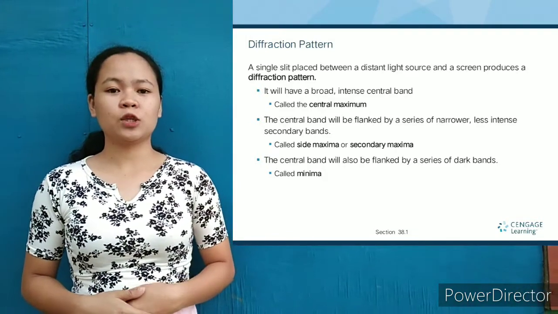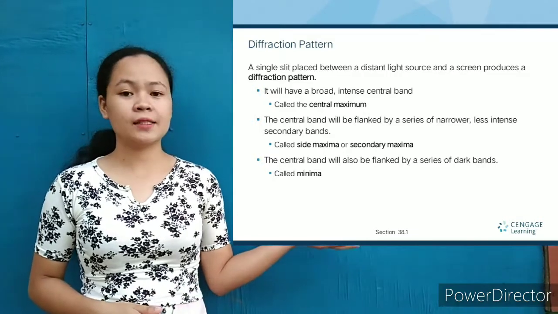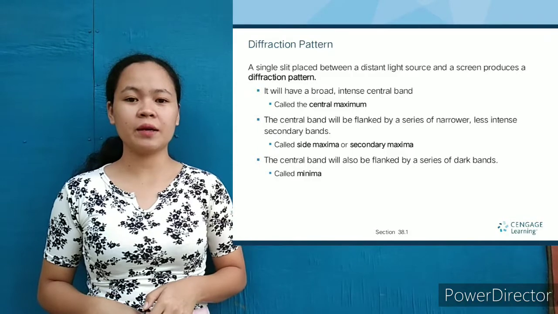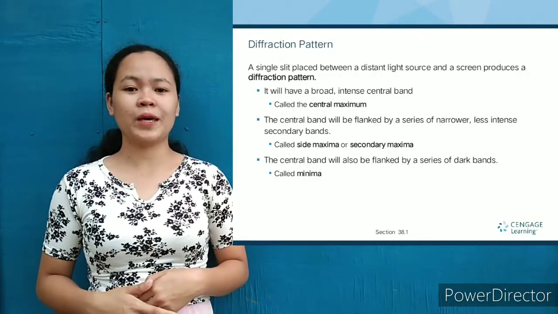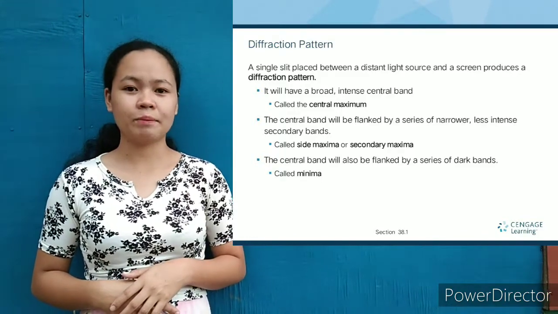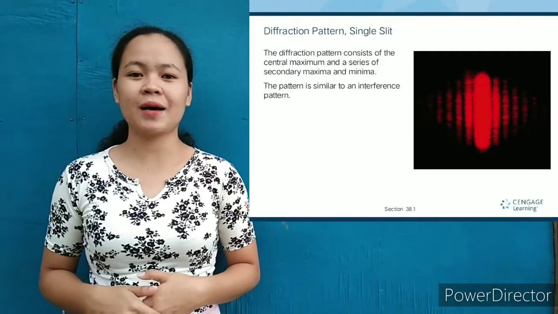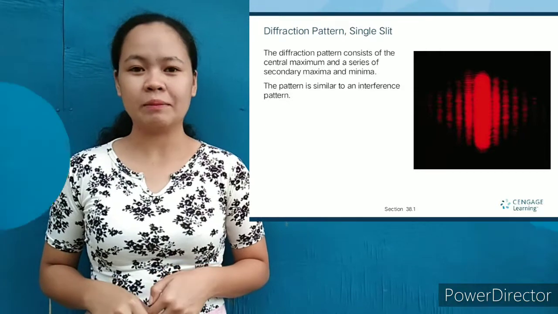The central band will be flanked by a series of narrower, less intense secondary bands called side maxima or secondary maxima. The central band will also be flanked by a series of dark bands called minima. The diffraction pattern consists of a central maximum and a series of secondary maxima and minima.